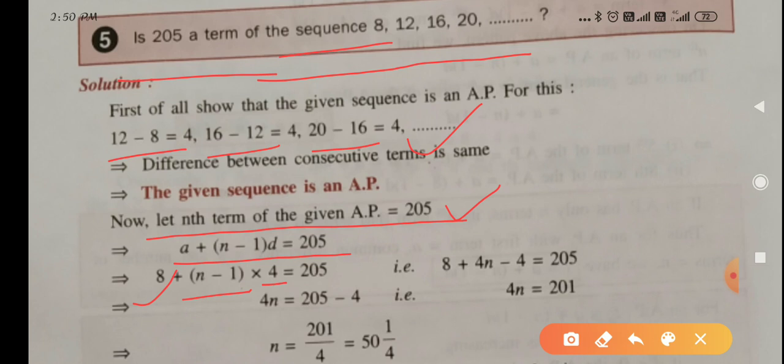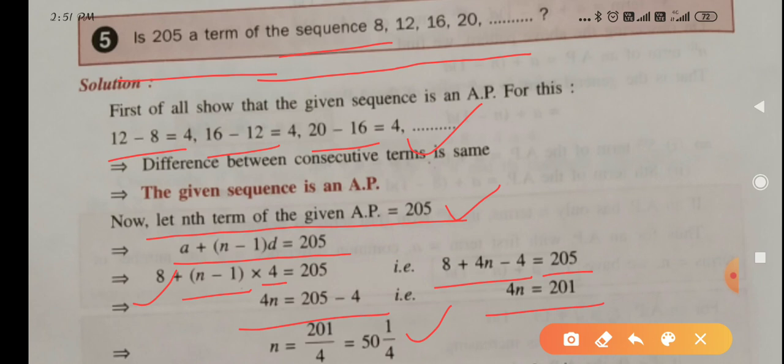Now you simplify it. 8 you can take to the RHS, and multiply 4 inside the bracket. After simplification, 4n equals 205 minus 4, 4n equals 201. When you divide, it gives n equals 50 and 1 upon 4.